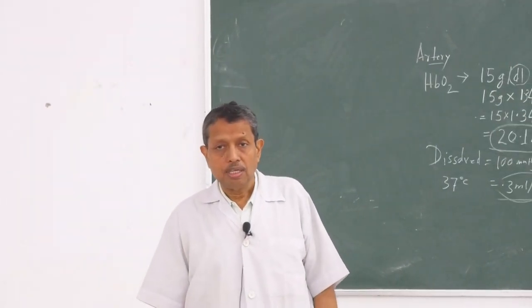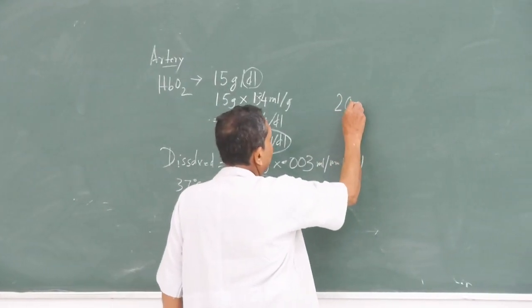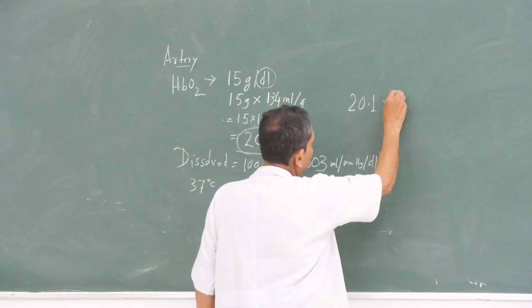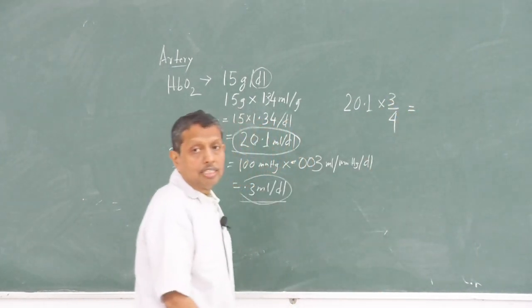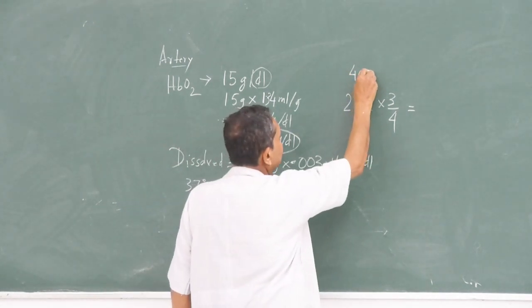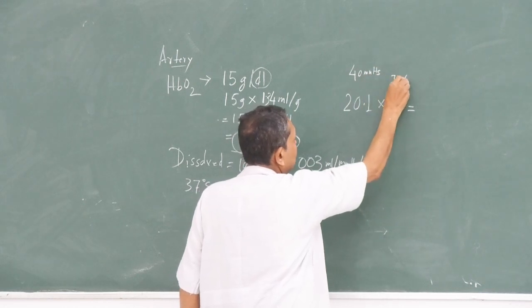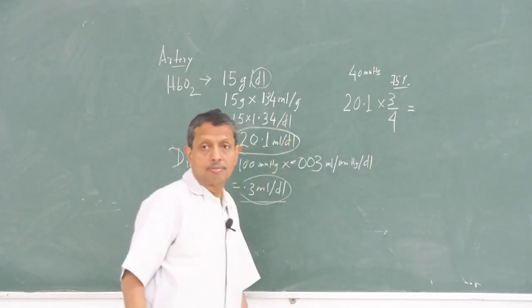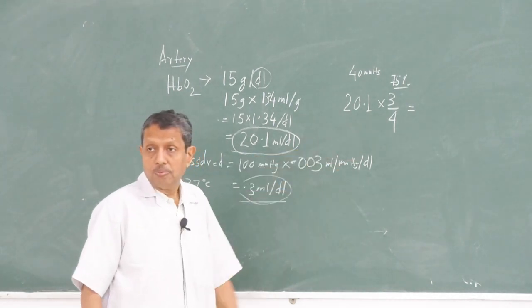So you can take 20.1 into 3/4. At 40 millimeter of mercury, it is 75% saturated. You take roughly this value.